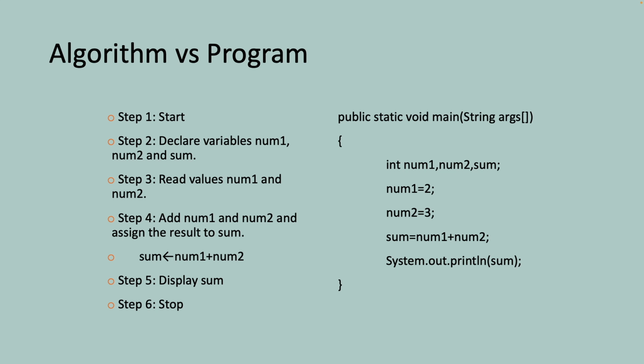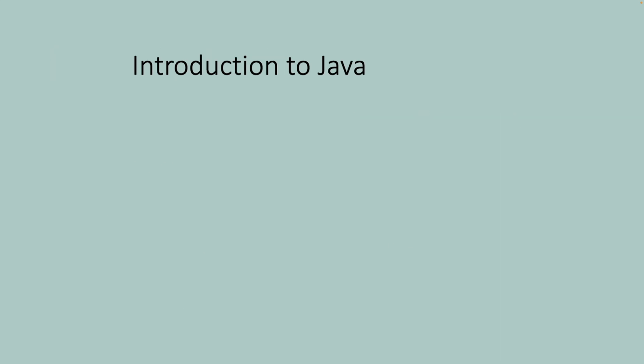Then we read the two values and do the summation operation, and store that result into sum. And the last statement, display sum, and then stop. So algorithm is basically a theoretical representation, program is a practical representation.